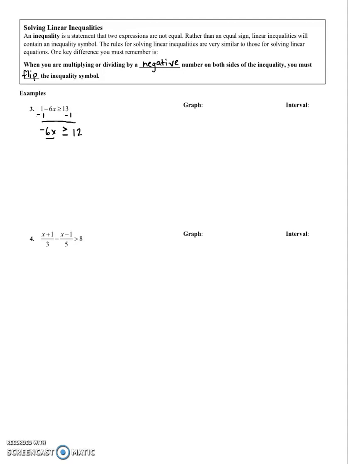Now we have to divide both sides by a negative 6. And this is where that rule about multiplying or dividing by a negative number comes in. So we say x is now less than or equal to negative 2.